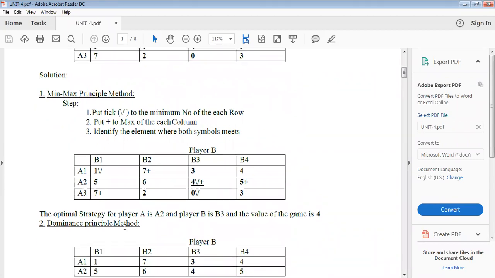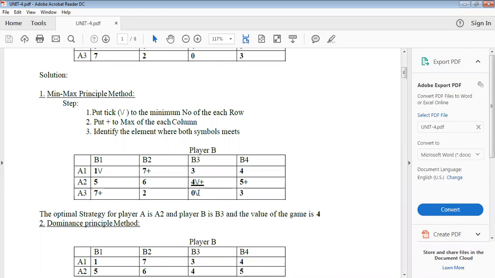So the optimal strategy for player A is A2, where both these symbols are met. In the first row, 1 is the minimum. In the second row, 4 is the minimum.